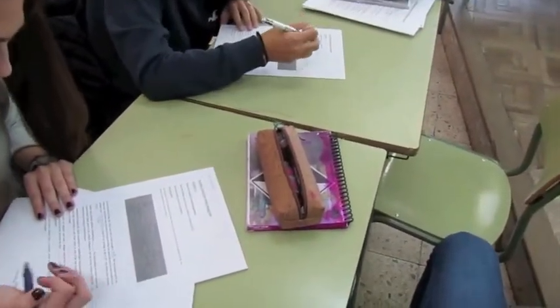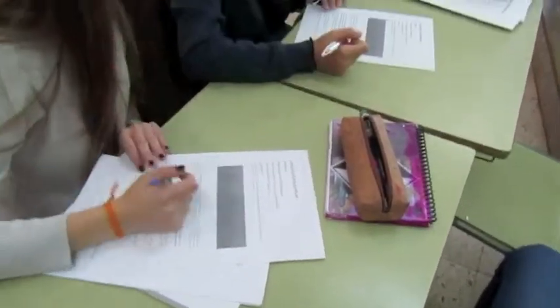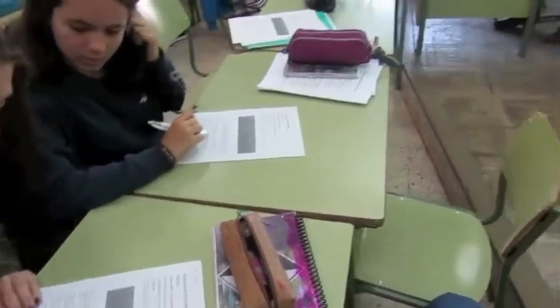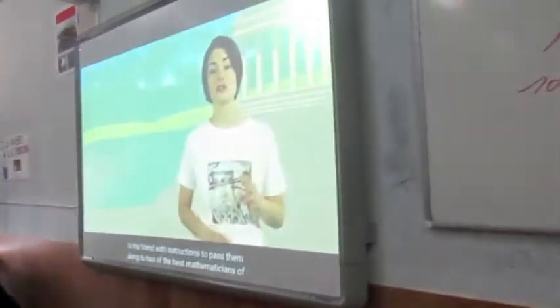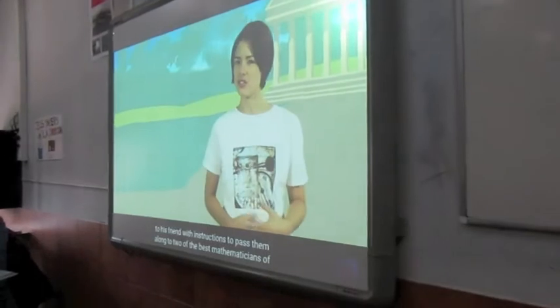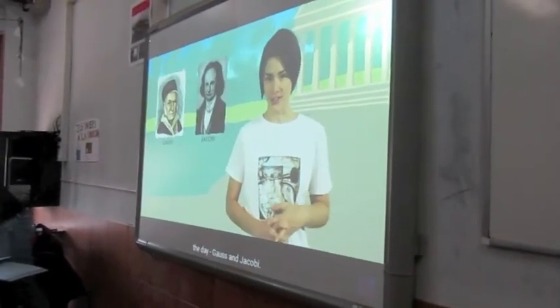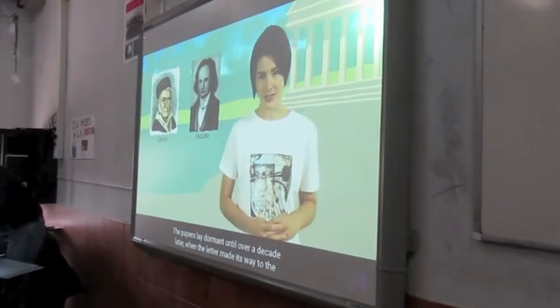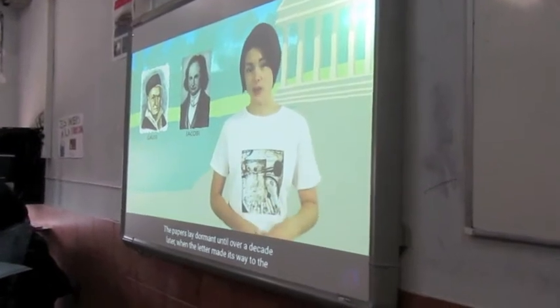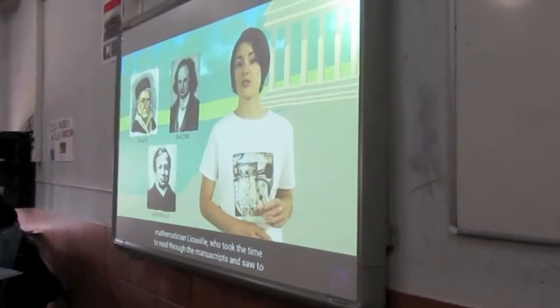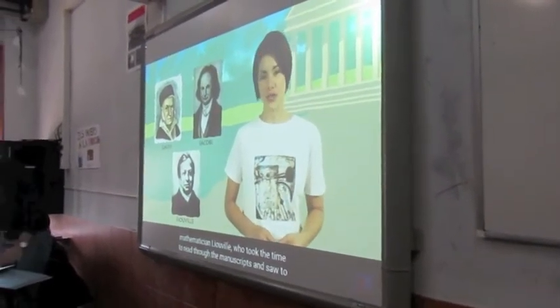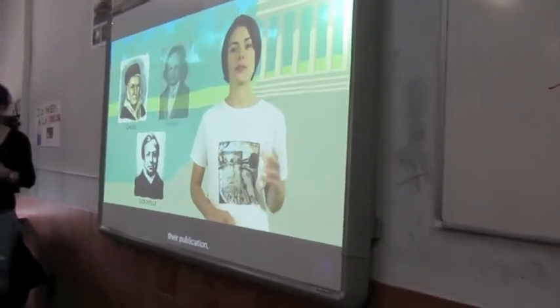Fearing that he might die, Galois assembled his mathematical discoveries and sent them to his friend with instructions to pass them along to two of the best mathematicians of the day, Gauss and Jacobi. The papers lay dormant until over a decade later, when the letter made its way to the mathematician Youville, who took the time to read through the manuscripts and saw to their publication.